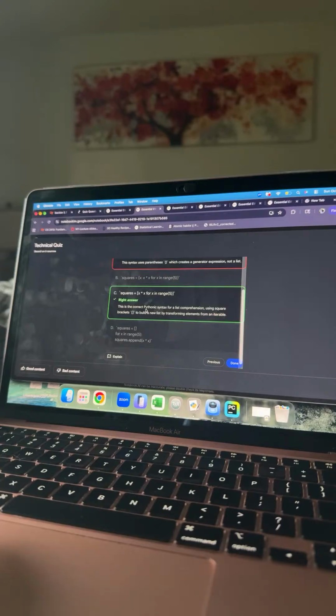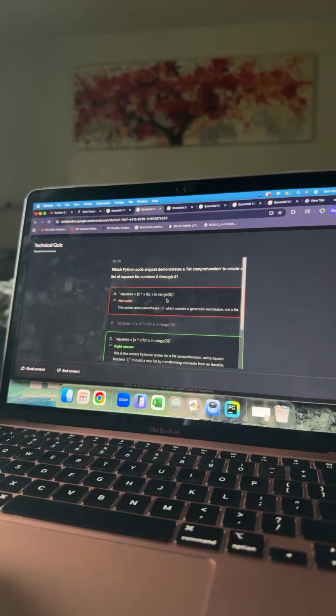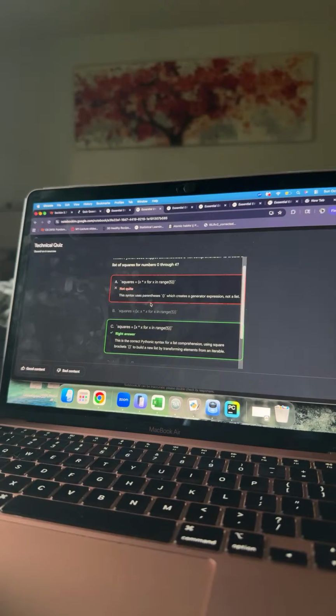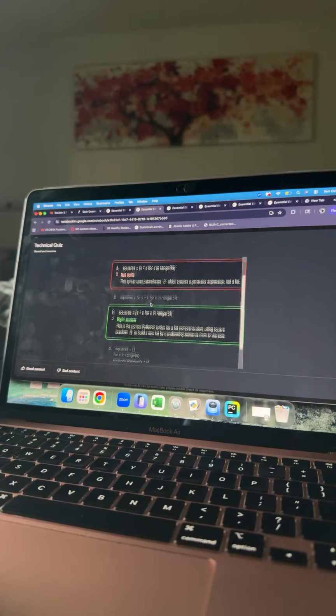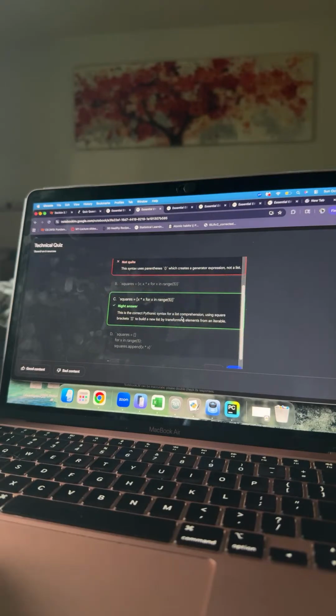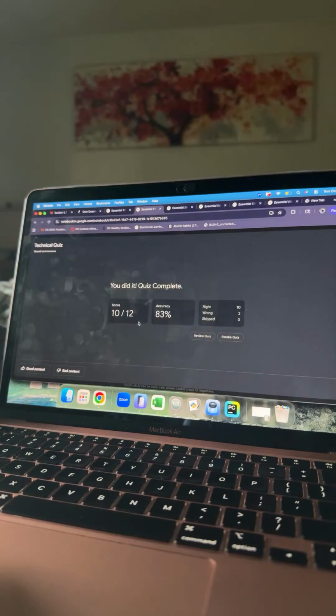Okay, so let's see. Remember. All right, so create a list of squares from 0 to 4, A's using the brackets. Okay, next. 83, not bad, not bad. Let's see.